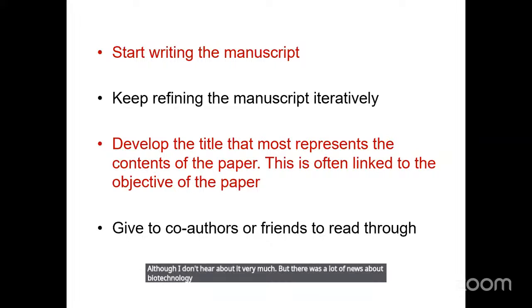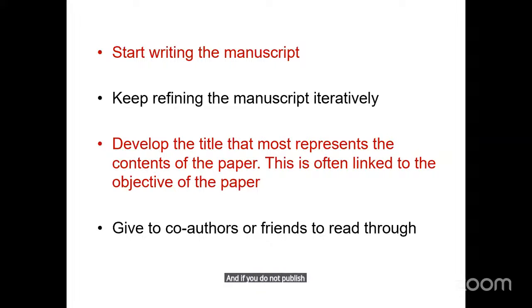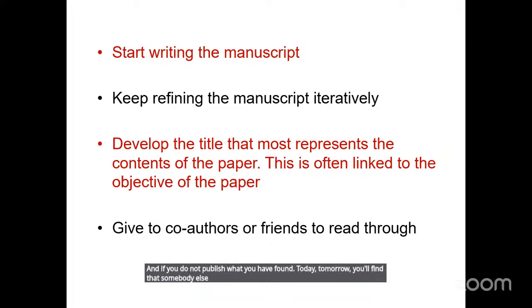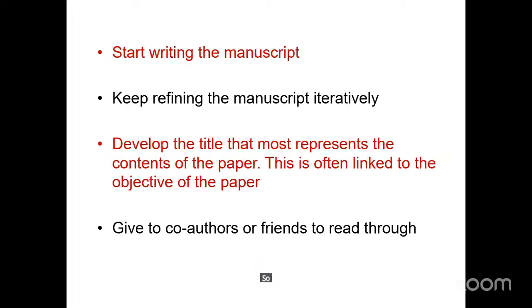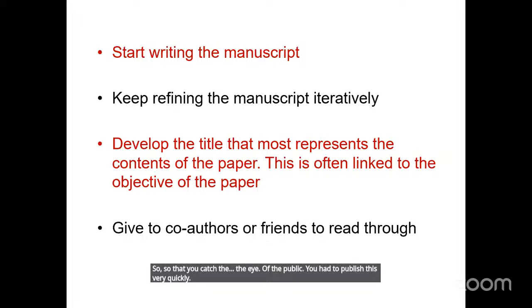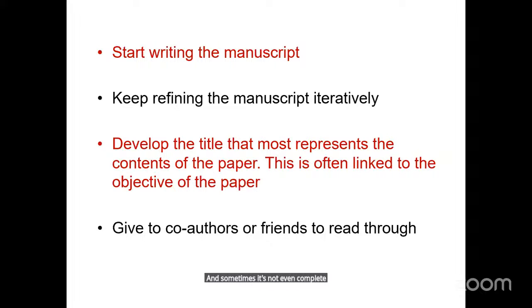It was growing. And if you did not publish what you have found today, tomorrow you'll find that somebody else is publishing it. So that you catch the eye of the public, you had to publish this very quickly. And sometimes it's not even complete very well. That would be a short publication.